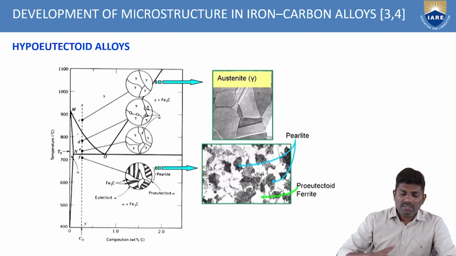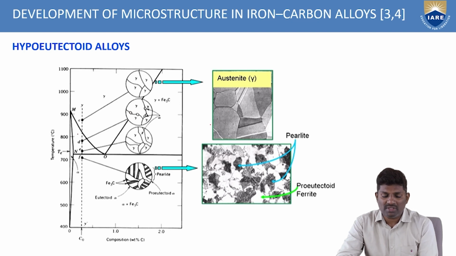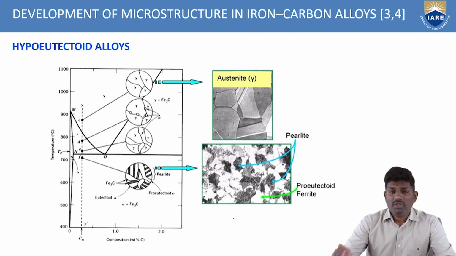So this is how the development happens. This is the microstructure view of the austenite, and again you have a very small percentage of carbon content here, the black dots you are seeing, and this is the difference of the microstructure when you see it in the eutectoid alloys.